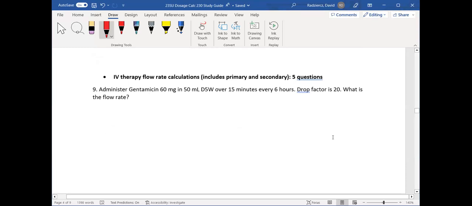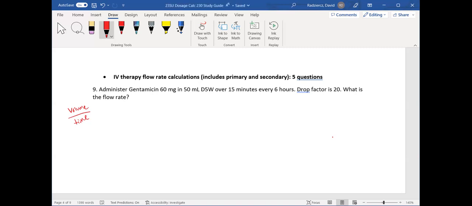Drop factor. So you're going to see 5 questions referring to flow rate calculations. When you're dealing with flow rate calculations, you need to know 2 pieces of information. You need to know the volume and you need to know the time. You do not need to know the strength. The strength is important.